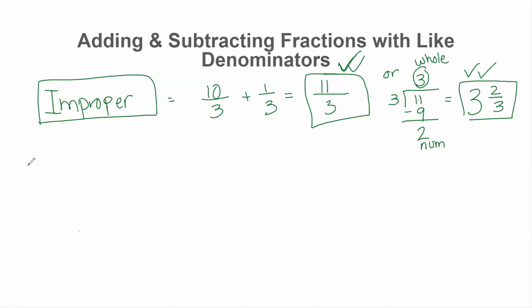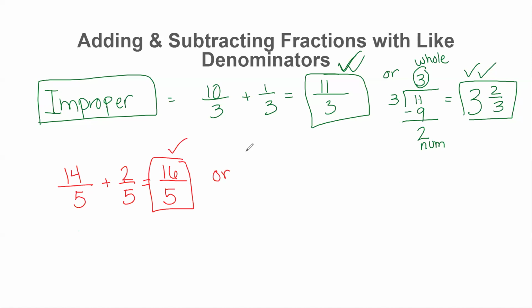Okay, let's do one more adding with improper. Oh goodness, let's do 14/5 plus 2/5. They have a common denominator, so we're going to leave the 5, and 14 plus 2 is 16. That does not reduce. You could just leave it, and this would be correct.